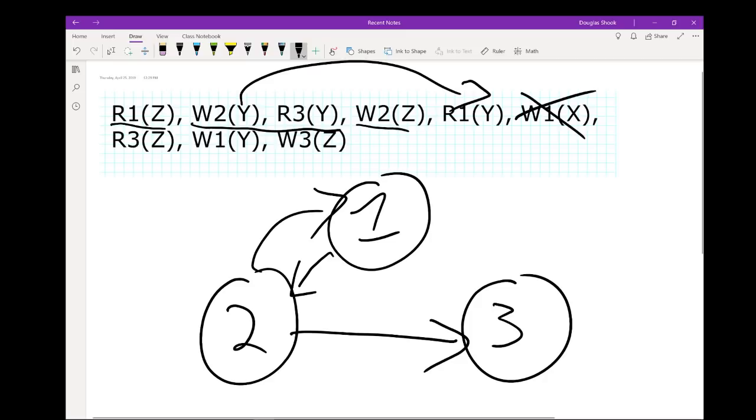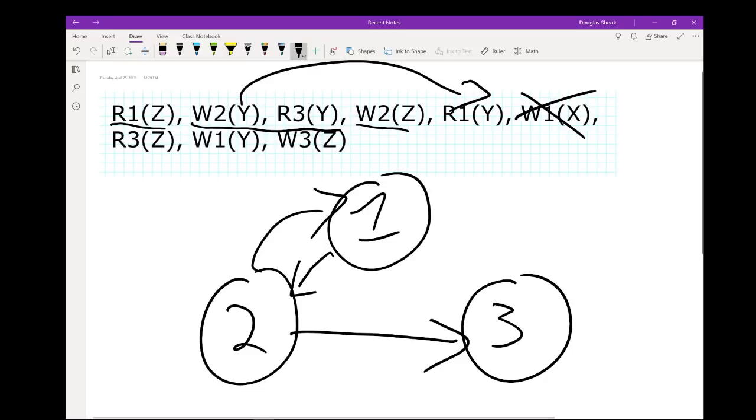X is only used once, so that guy's not going to be a problem for us, right? I don't see X anywhere else. Here's a Y. That's another 2 to 1 right here on these two writes. Here's from 2 to 3 based on Z, right? We already have that edge. 1 to 3 based on this.